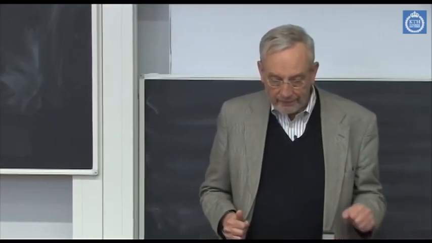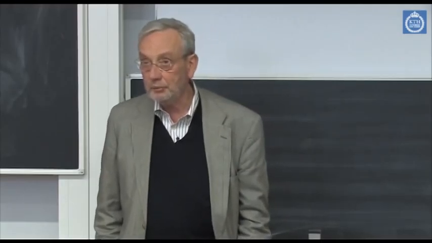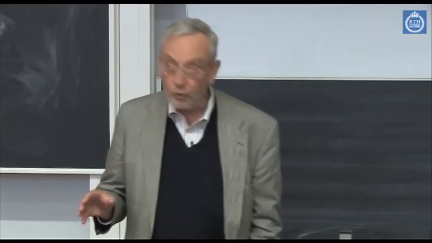Okay, so denoting the set of critical level sets as I have in this slide, I'm going to introduce a particular partition of the domain, and that's what I call the topology-induced partition. It's a very simple object. It's just the domain itself with the critical level sets removed.